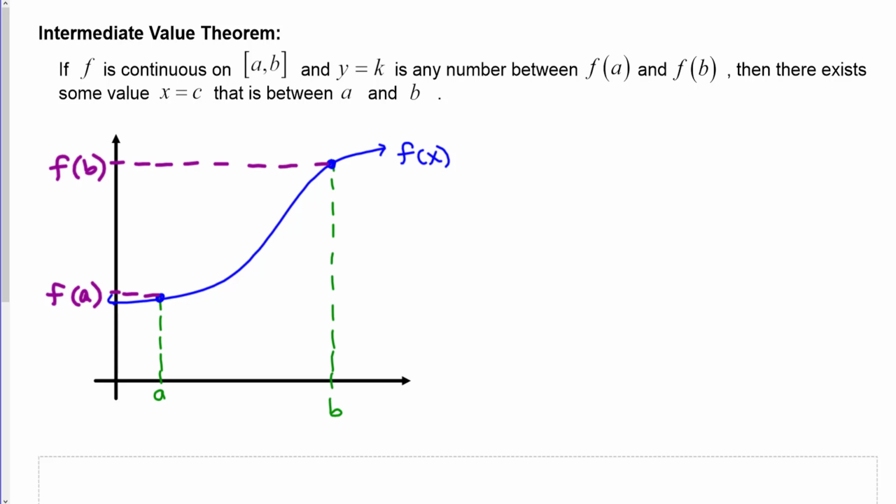Now, k is a y value, so it's on the y-axis, but it's a number between f of a and f of b. So I'm going to pick some value k. I'll just pick it right in the middle, and that's fine.